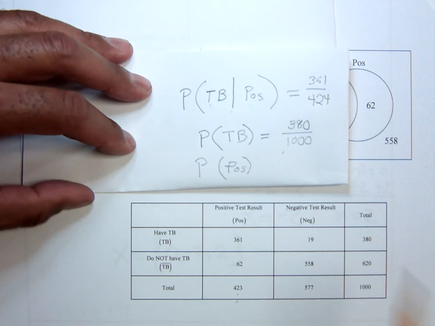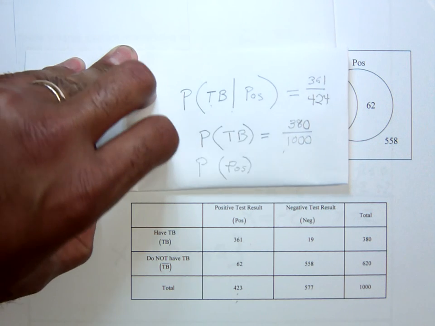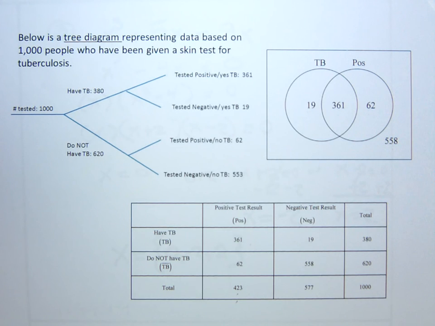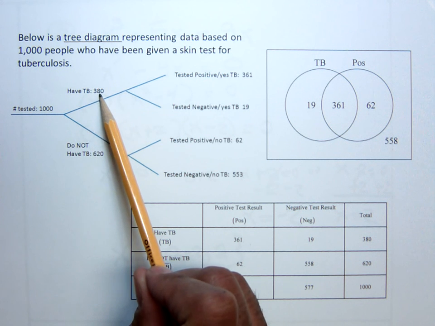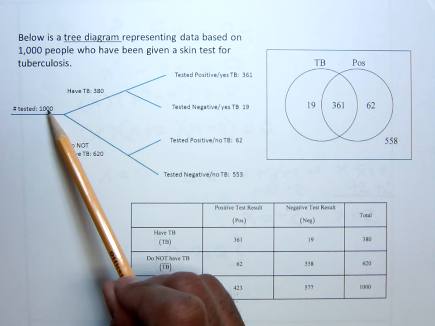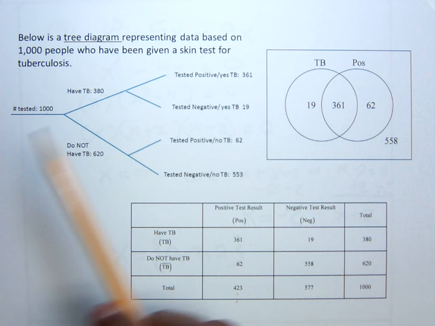We could find the same information by looking at our tree diagram. If we want to find the probability that someone has tuberculosis, we look at this number divided by the total number, the sample space. So all three of these diagrams can be used to write and to find probabilities, and that's what you're going to be asked to do in this section.